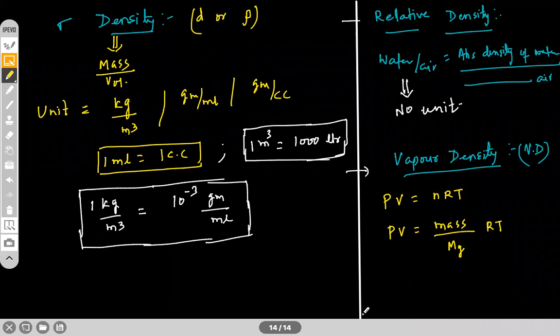Density. So we write P into molecular mass of the gas is equal to the given mass divided by the volume into RT.